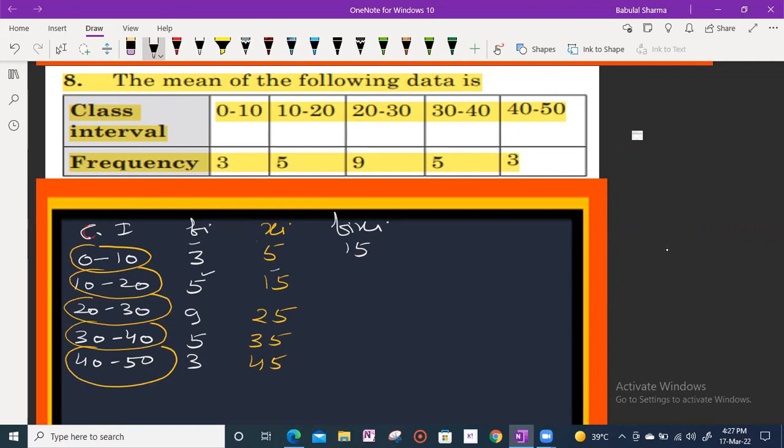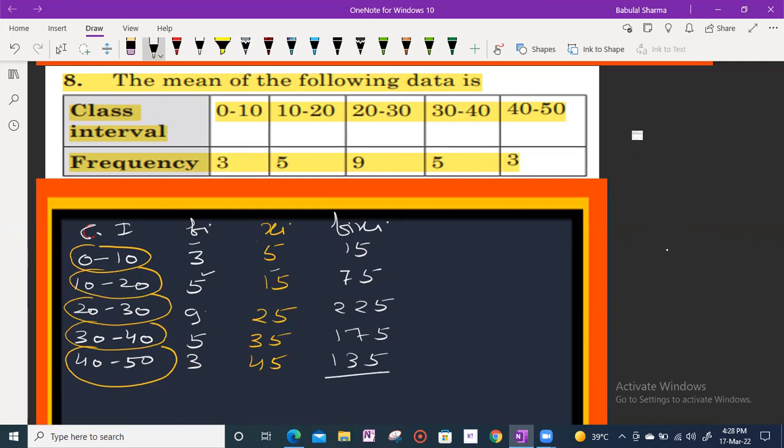Get the answer of this question. 5 into 15, that is 75. Now 9 into 25, that is 225. Then multiply 35 by 5, that is 175. And 45 by 3, that is 135.